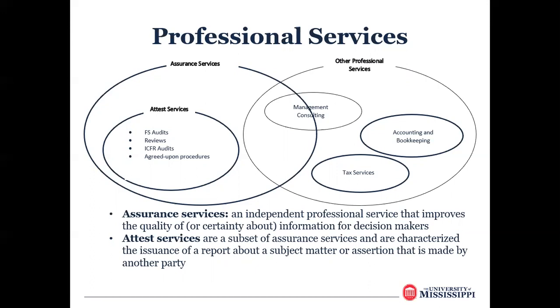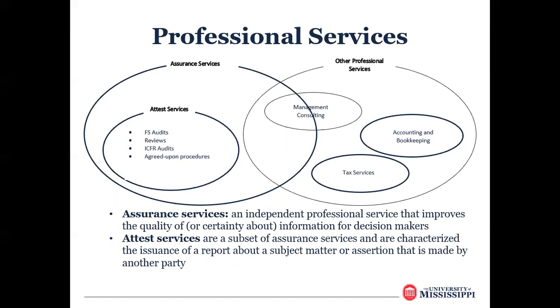Okay, so attest services are a subset of assurance services and are characterized by the issuance of a report about a subject matter or assertion that is made by another party. Okay, so in an attest service, someone has put forth some idea as true. In other words, they're making an assertion about some subject matter. And what that subject matter is can vary greatly. That subject matter can be many, many different things.